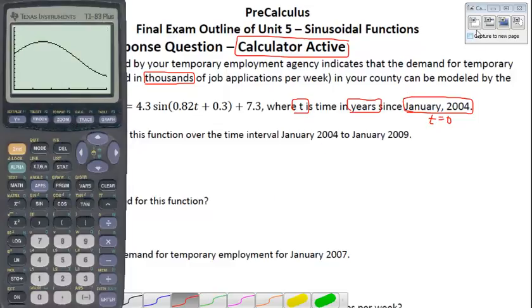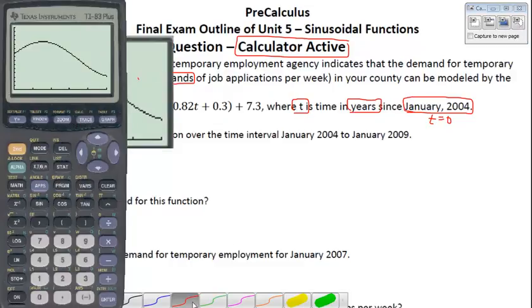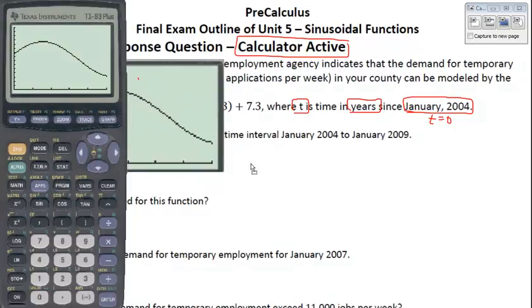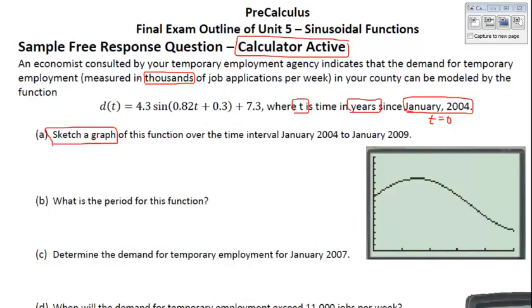Yeah, so that's much better. So I'm going to take this as my sketch. So that's my graph, 2004 to 2009.